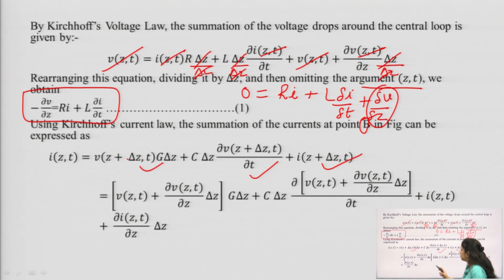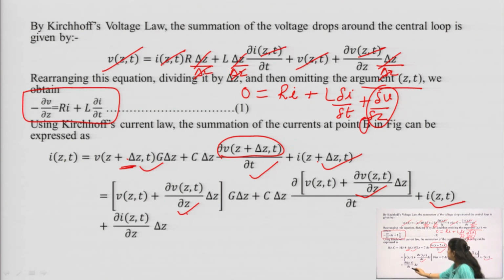Now, in replacement of this, we can have this expansion. Similarly, C del Z and expansion of this expression, we have that, and expansion of Z plus del Z IZT. So, we have expanded the Z plus del Z.